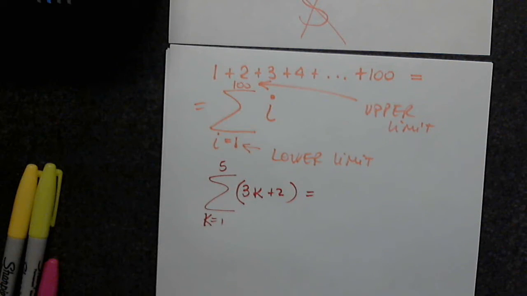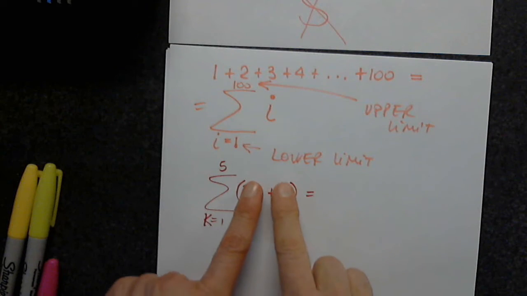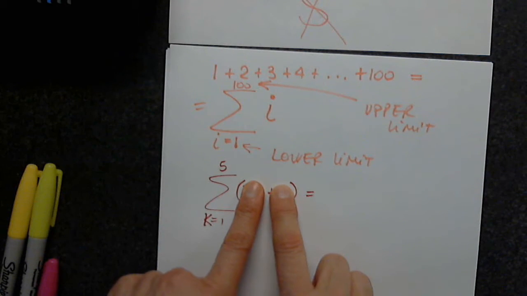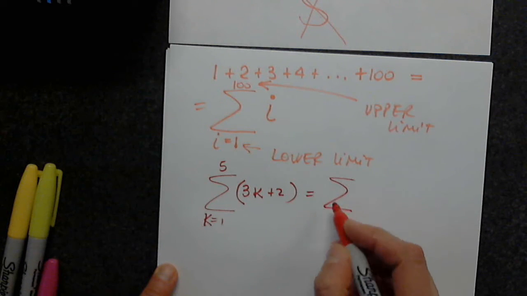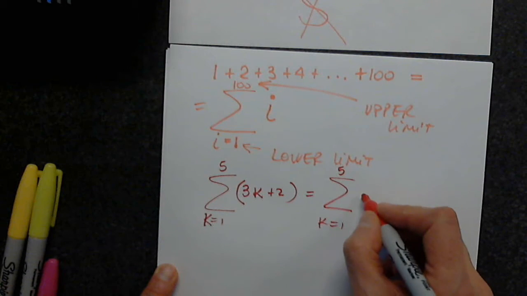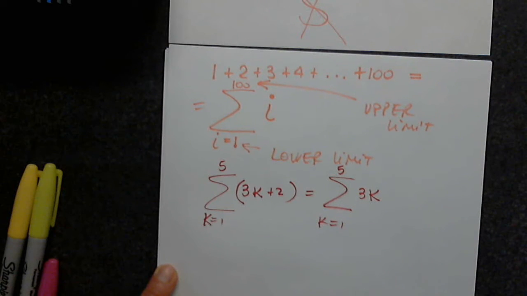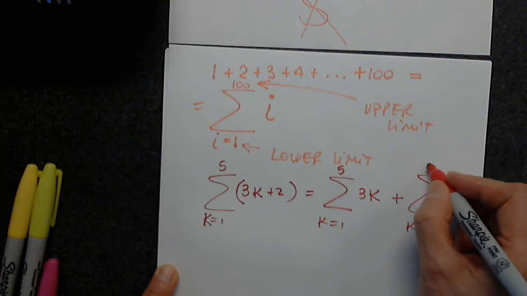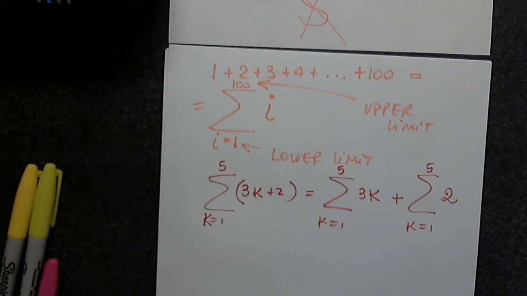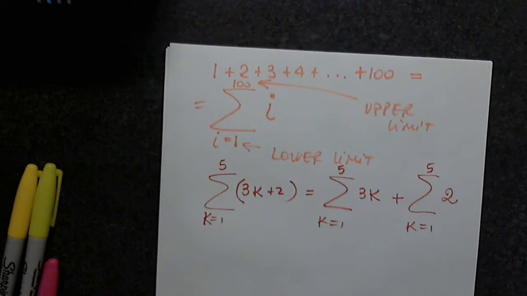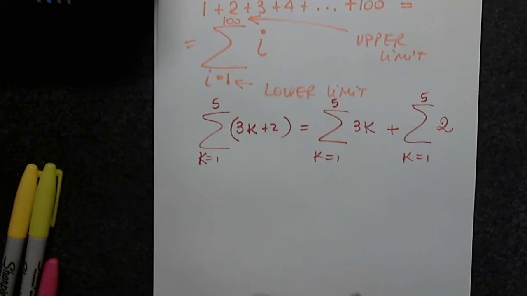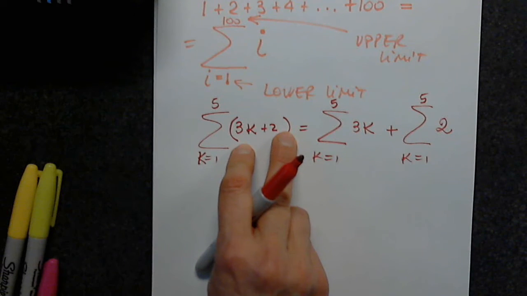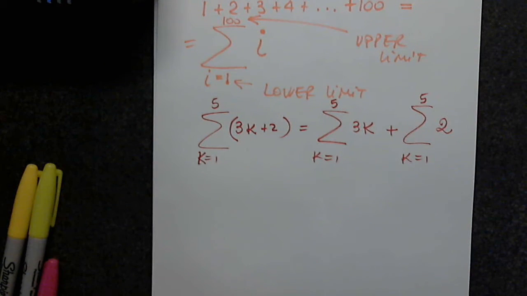Now I have to understand the sum of these two terms in the following way. It's the sum from K equals 1 through 5 of the first portion plus the sum from K equals 1 through 5 of the second portion. That's one property of the summation notation. The summation of two generic terms is the sum of the first plus the sum of the second, or the difference.